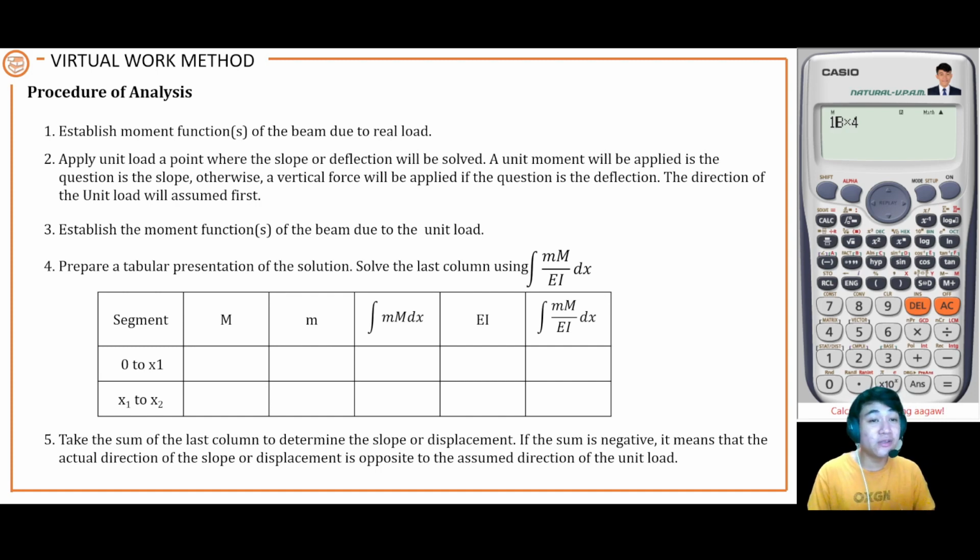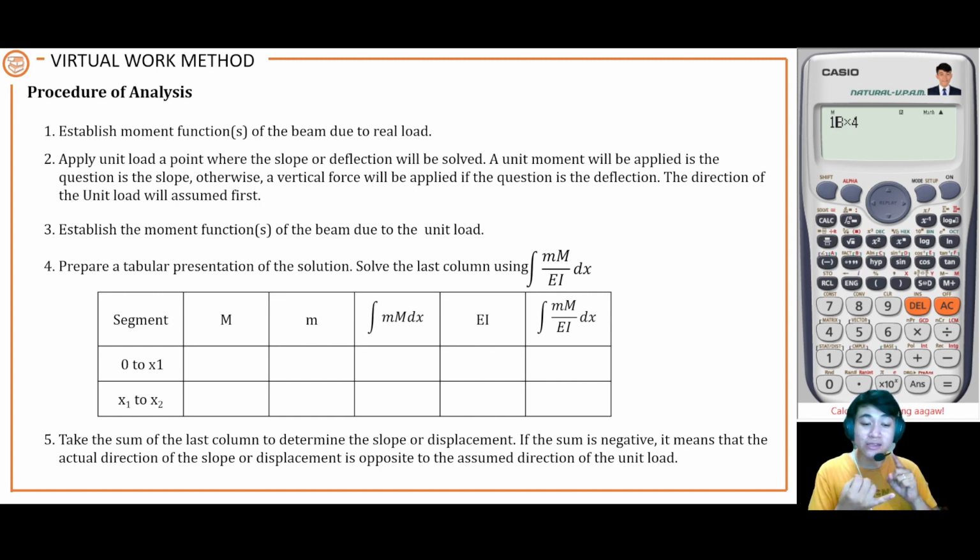First, we have to establish the moment function of a beam due to the real load. Meaning we are going to apply our knowledge from strength of materials. In strength of materials, we have a topic of shear and moment diagrams. In drawing shear and moment diagrams, we have two ways.